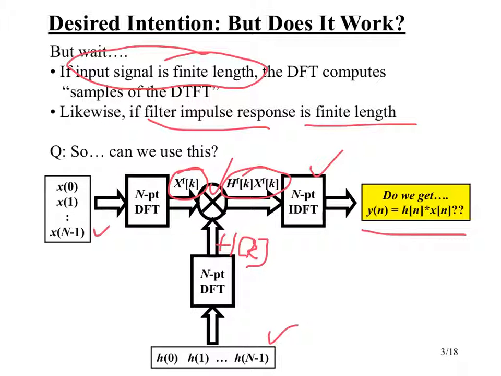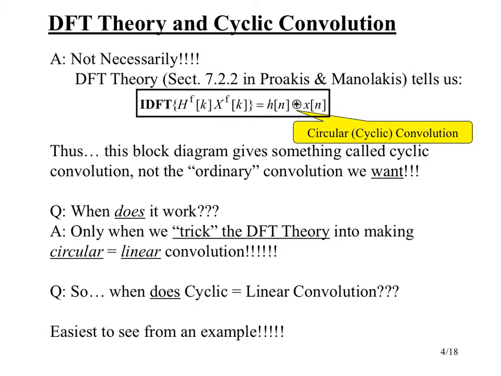And the answer, well, we'll see in the slides. The first answer is, well, not necessarily. As we've already seen in our DFT theory, if you take the product of two DFTs and then do an inverse DFT on them, what you get is not regular convolution, you get circular convolution.